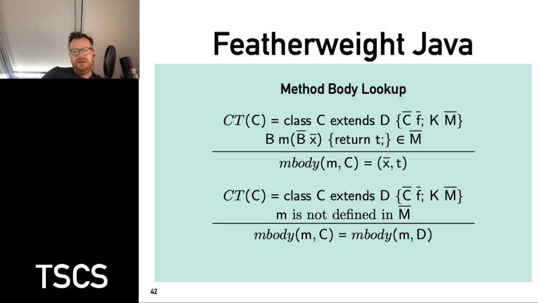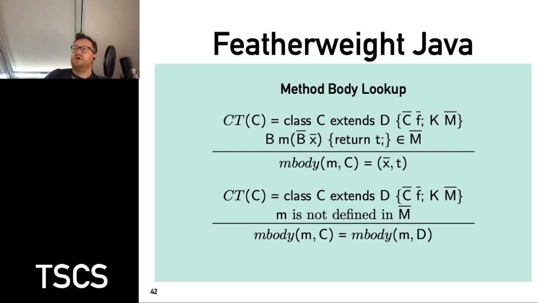Same for method body. We have an operation that looks up the method body, and this just extracts the term T from this method M of class C, given that you have all these parameters, this X vector, so you can later on do the substitution. So the method body is not the bare body, but a pair of the arguments and the method body.